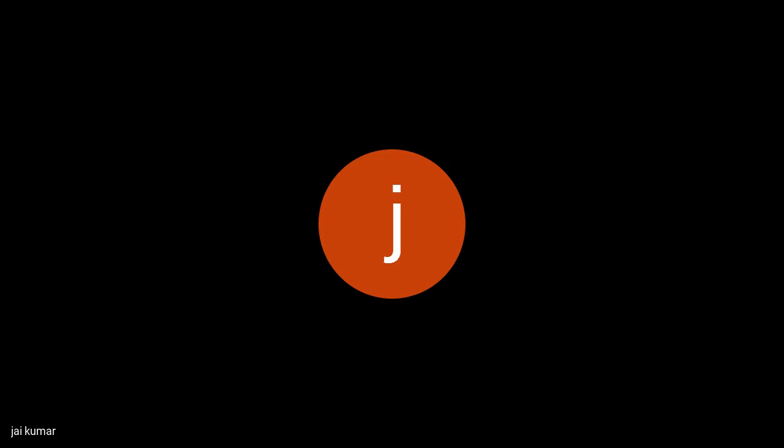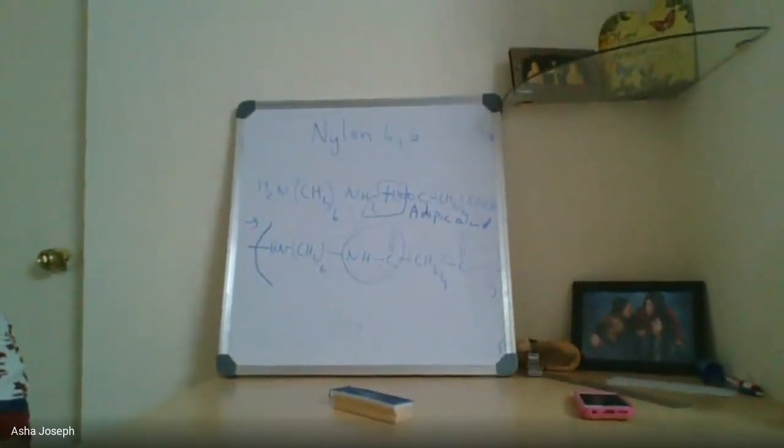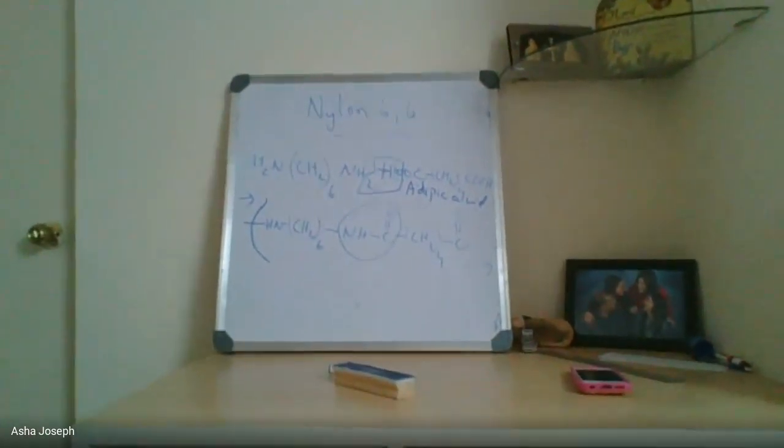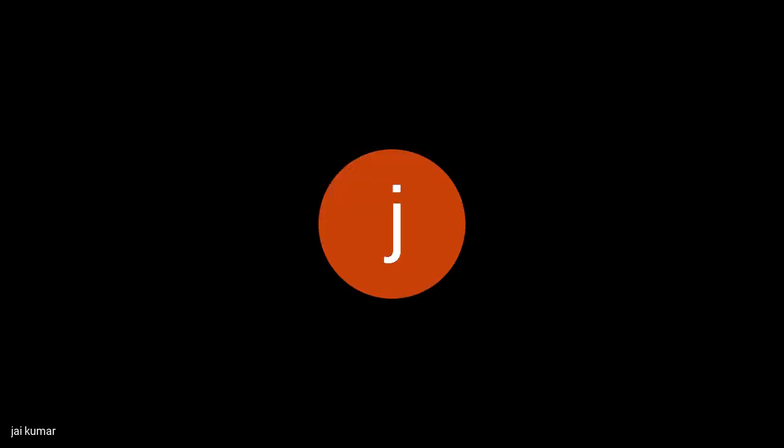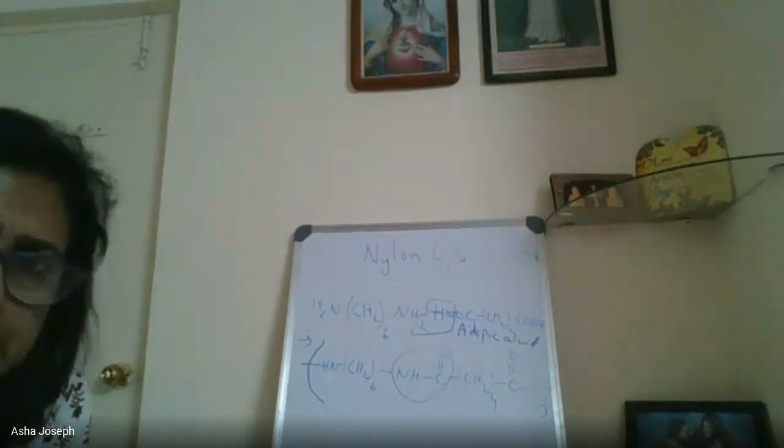Video is not coming, ma'am. Who's Jai? Why? Yes. Others, is the video coming? Kind of blurred, ma'am. Why? Anybody? Okay now? No, ma'am. It's not coming. Others still say blurred, ma'am. Amitabh, is it clear now? Can you see the equation? Not properly, ma'am.